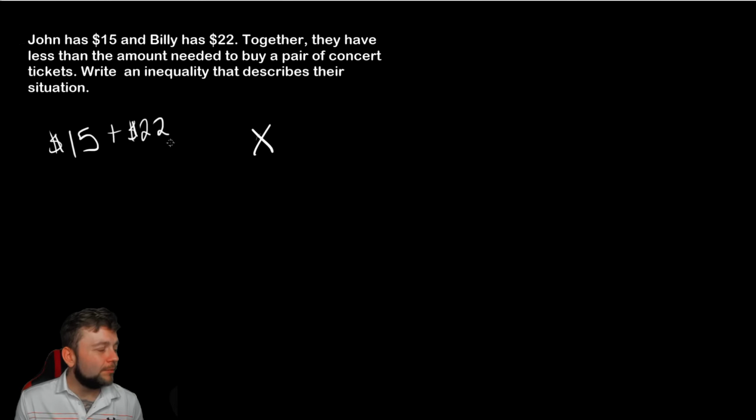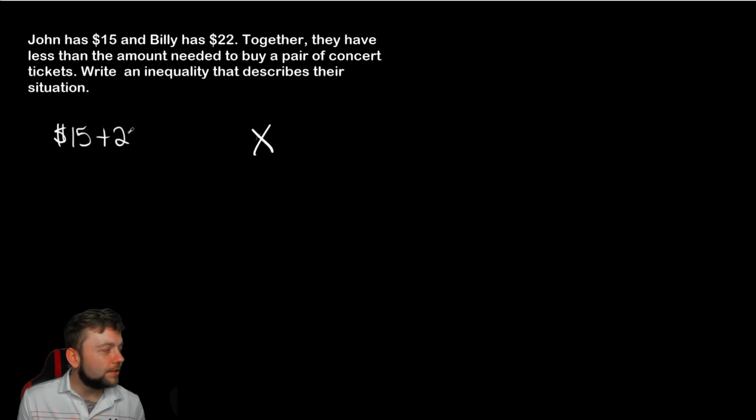And what is 15 plus 22? Let's write this out in a straight line for you all. So 15 plus the $22. What is it? It is $37. And this is less than the amount for the concert ticket.